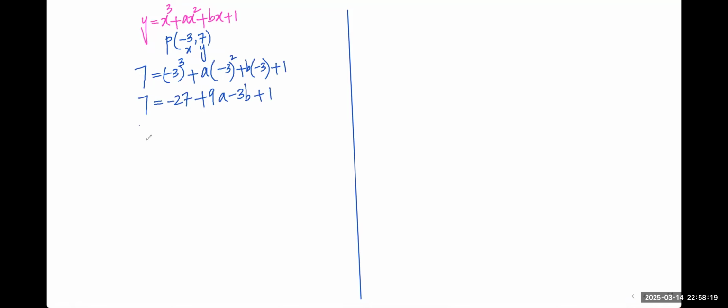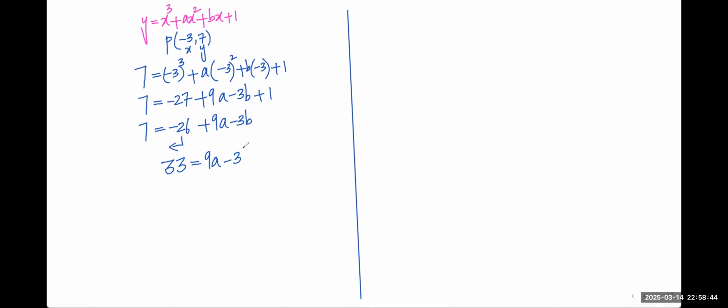So then 7 is equal to -27 plus 1 becomes -26, plus 9a minus 3b. So if you bring -26 to that side, 7 plus 26, you'll get 33. 33 is equal to 9a minus 3b.